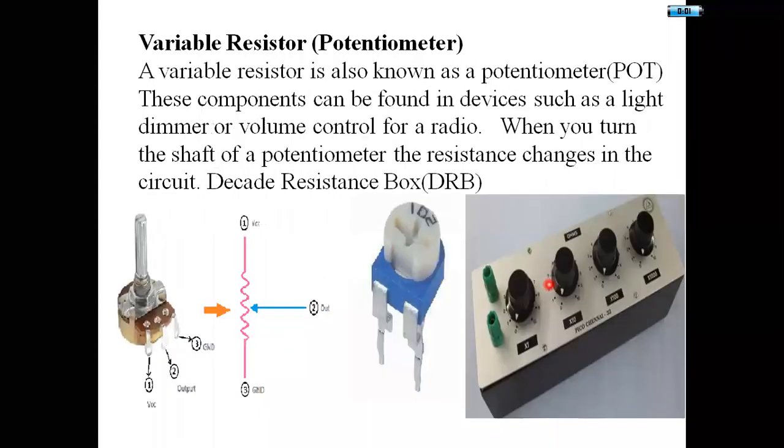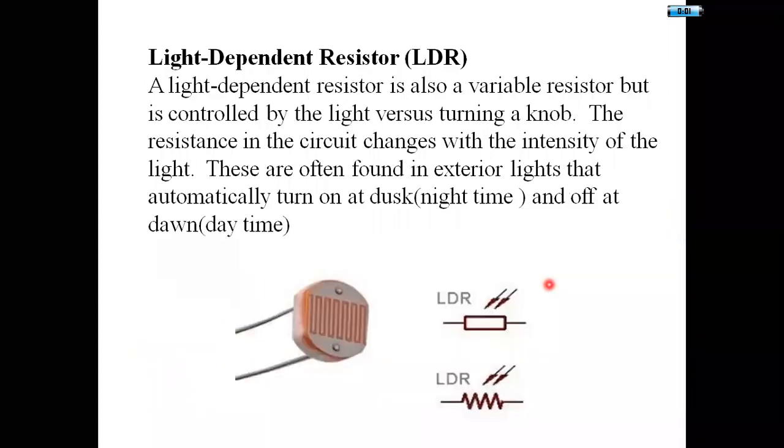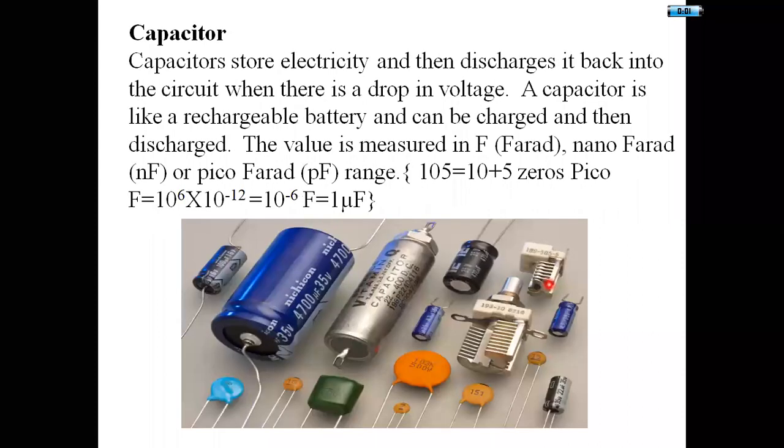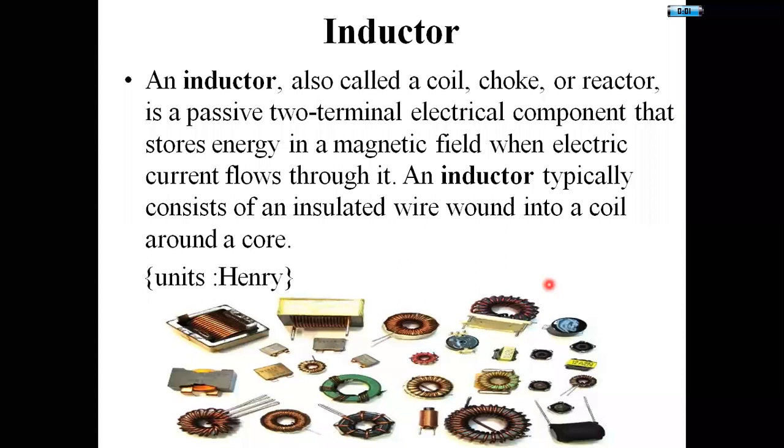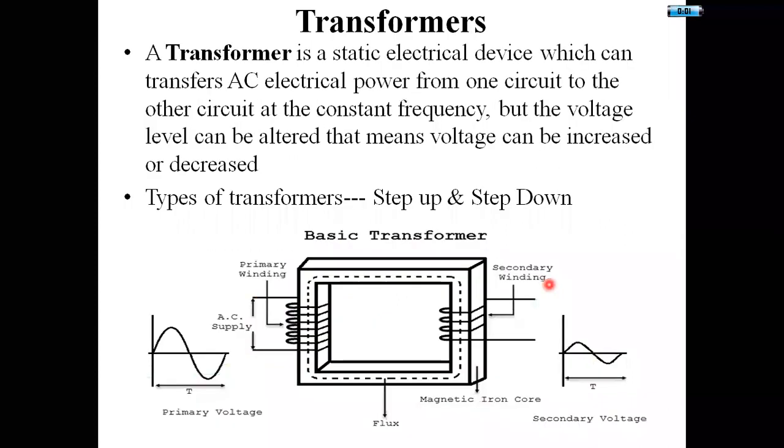LDR. This is a variable resistor, pot, potentiometer. This one is a light dependent resistor. Next one is capacitor. Next one is inductor. Next one is transformer.